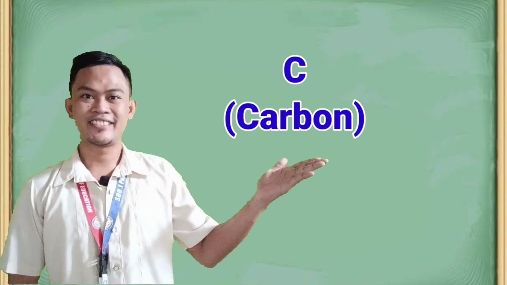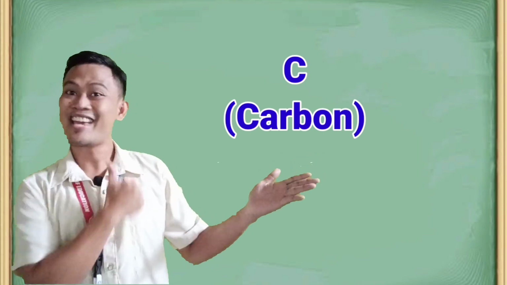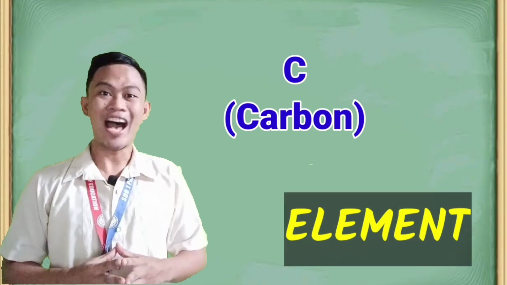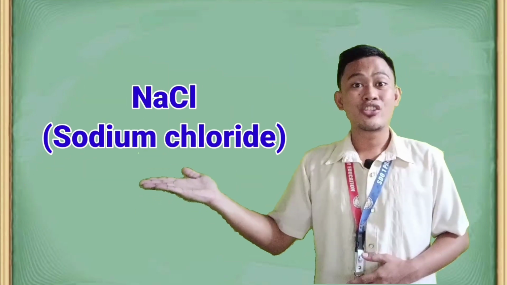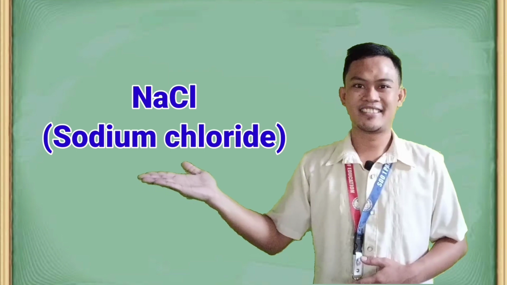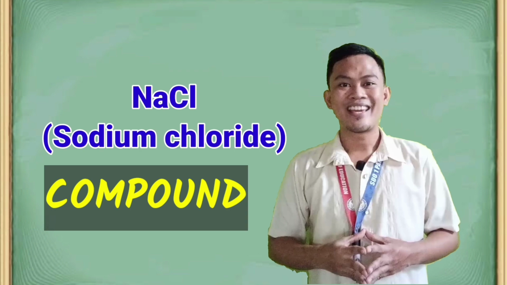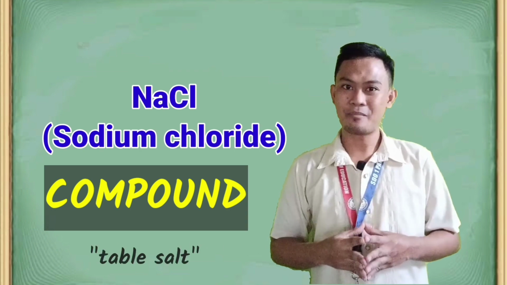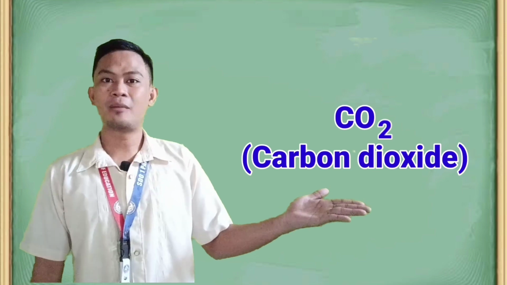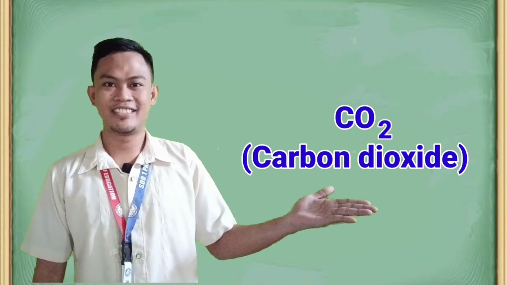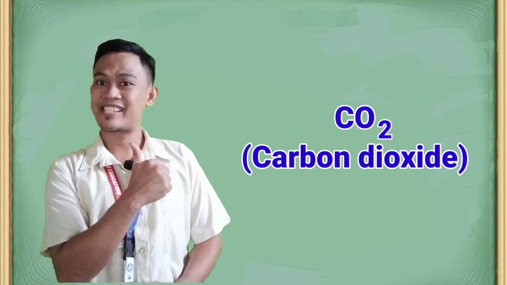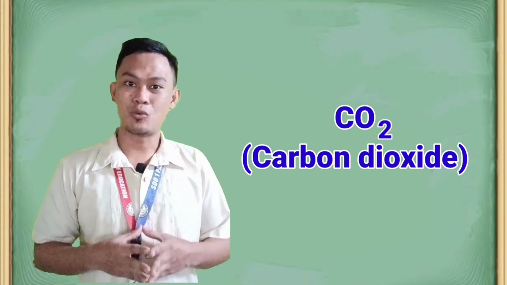Carbon. Yes, it is also an element. Number 3. Sodium chloride. Yes, it is a compound. It is also known as table salt. Number 4. Carbon dioxide. Yes, it is also a compound.